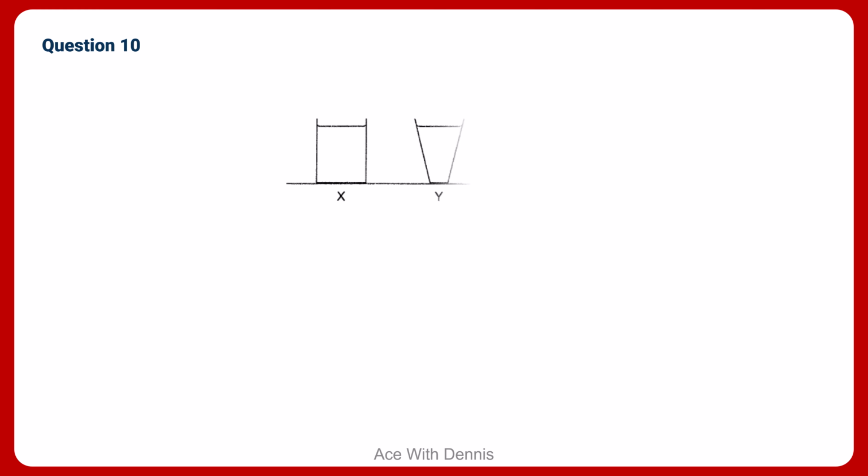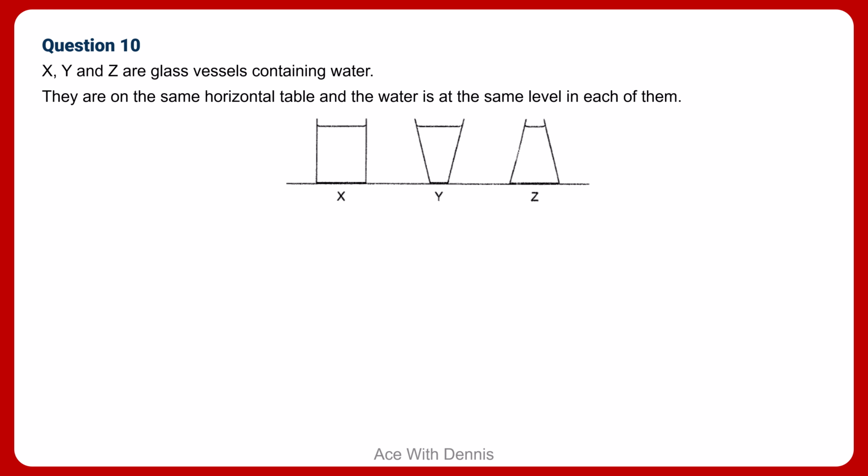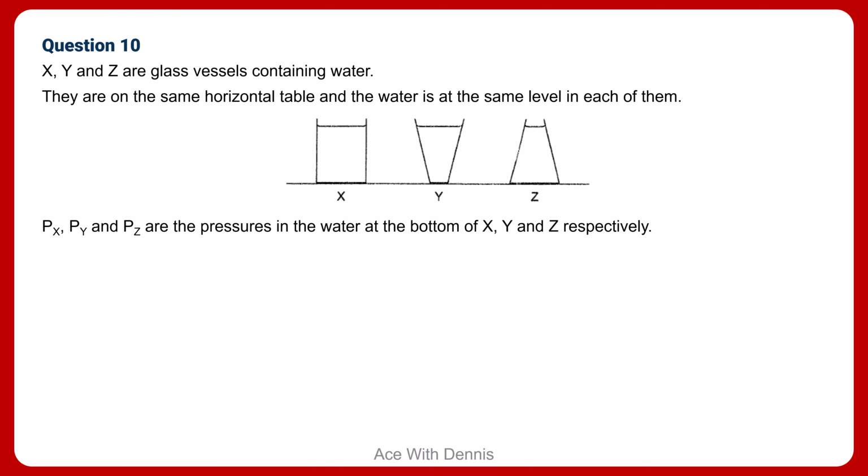Question 10. Given this diagram, X, Y, and Z are glass vessels containing water. They are on the same horizontal table, and the water is at the same level in each of them. Px, Py, and Pz are the pressures in the water at the bottom of X, Y, and Z respectively.